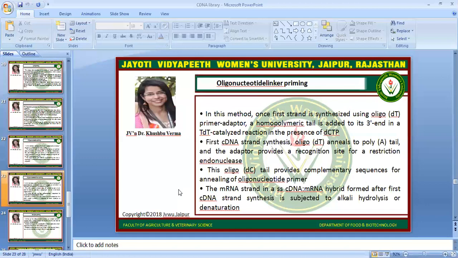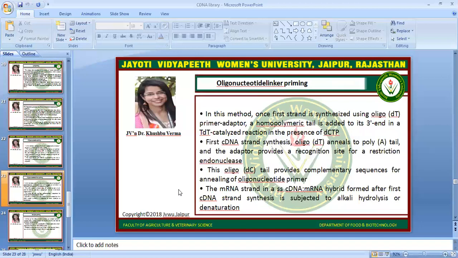Now we will discuss oligonucleotide linker priming. In this method, once the first strand is synthesized using an oligo-dT primer adapter, a homopolymeric tail is added to its 3' end in a TdT-catalyzed reaction in the presence of dCTP. The first cDNA strand is synthesized with oligo-dT annealing to the poly A tail, and the adapter provides a recognition site for a restriction endonuclease.